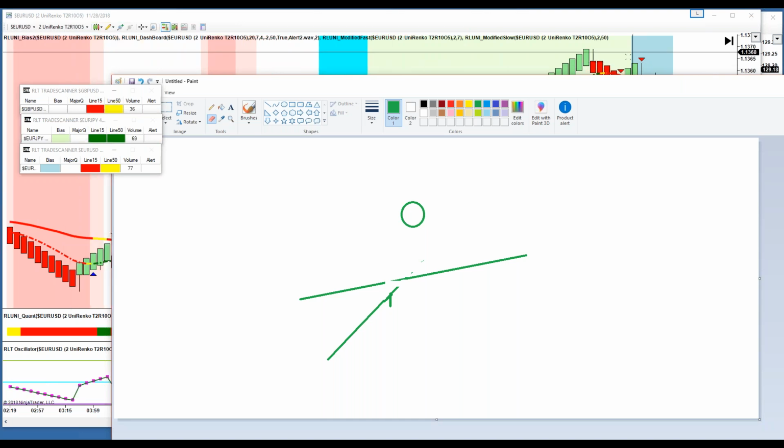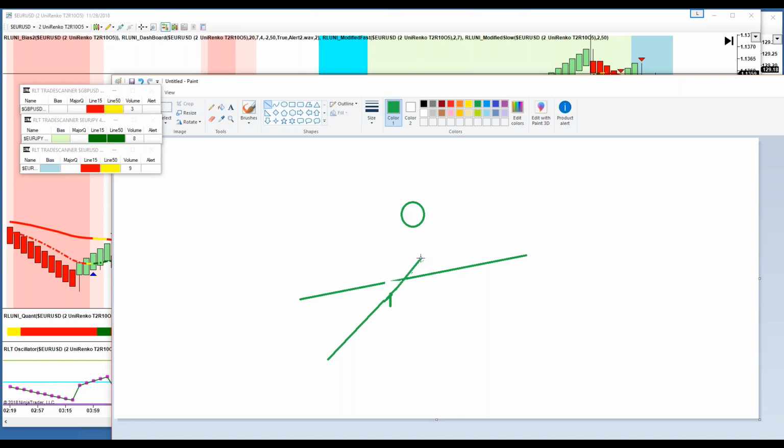Now, on the light blue, what's happened is the 15 has crossed the 50, but it's then gone flat. So we know not only the position of the 50, the position of the 15, but we know how strong of a trending market we're in.